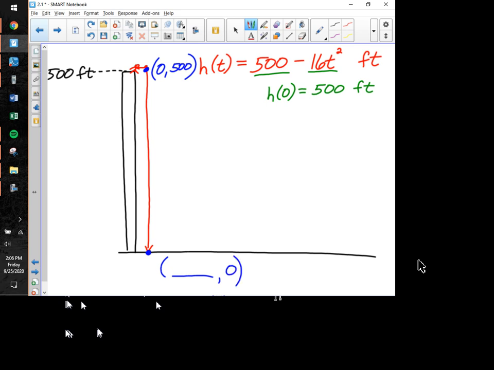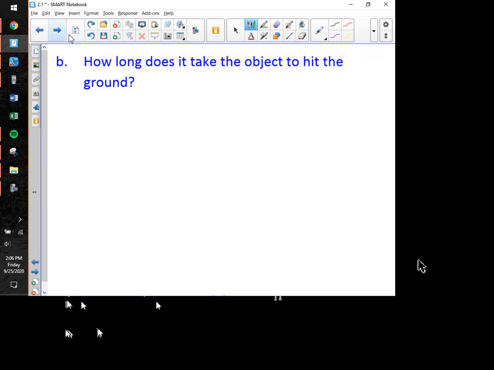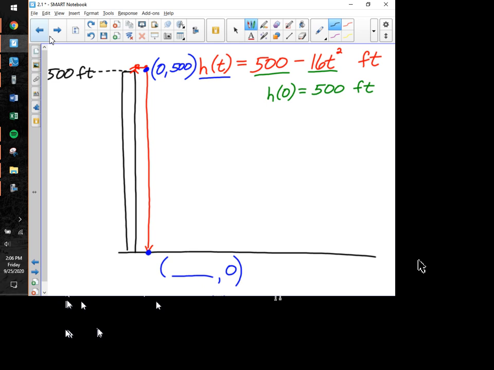So with that in mind, let's go back to this height function that we just wrote and let's see if we can make it work for us. The only thing we know about this object right now is that its height is given by the function 500 minus 16t squared. Well, at this particular moment, we are looking for a value of time, but we know that the value of h, our height, is 0.